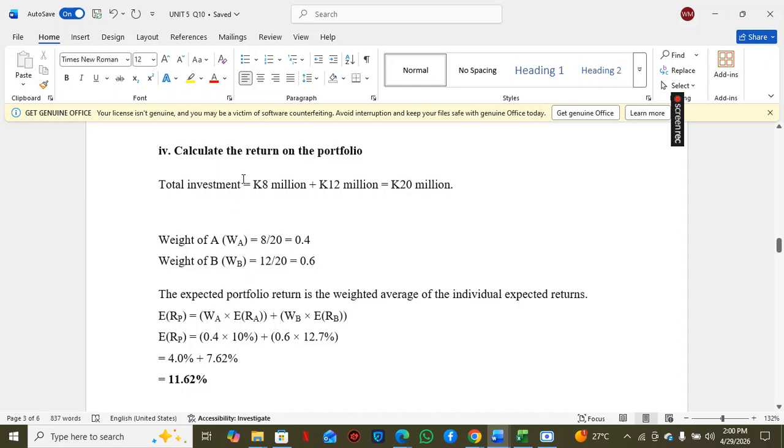Weightages, because remember, the return on a portfolio is the weightage multiplied by the expected return of the individual company.